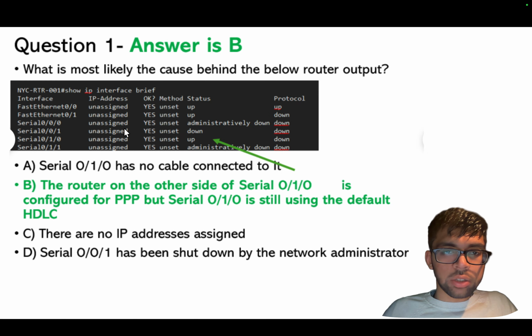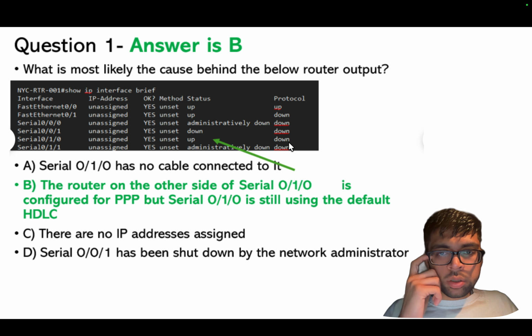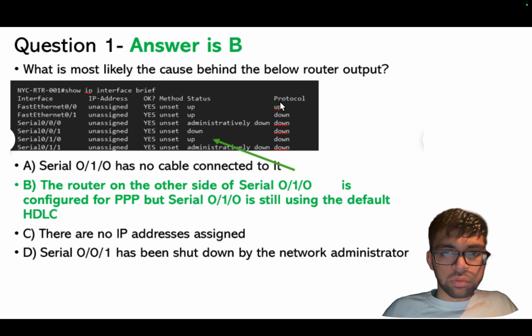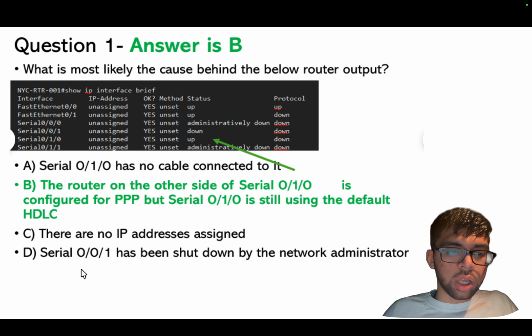These all here don't have IP addresses assigned, so that's not necessarily an indicator of why your layer 1 status is up and your layer 2 status is down. For example here, look, we've got up and up, and that one has no IP address assigned. That wouldn't affect the statuses here. The IP address has got nothing to do with this, whether it's assigned or not.